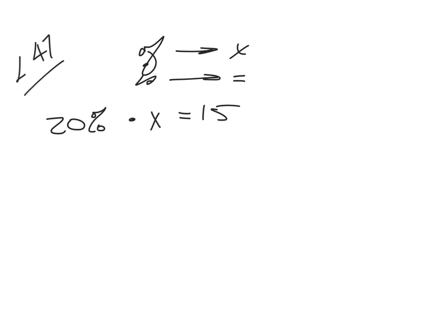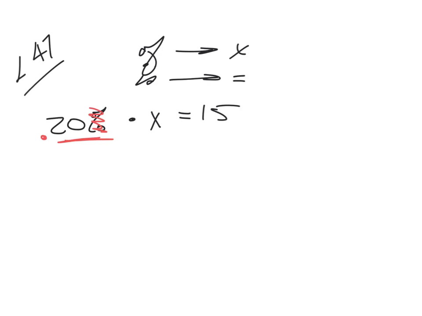One of the things that's very important is this percent. Percent is a great way to give an answer, but you cannot use a percent in an actual equation. You always have to get rid of the percent sign, move the decimal place over 2, and call it 0.20.